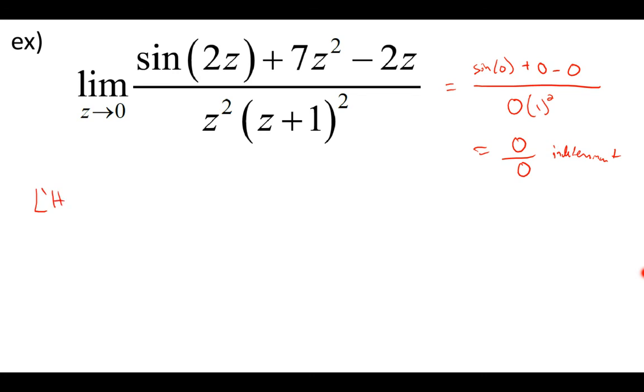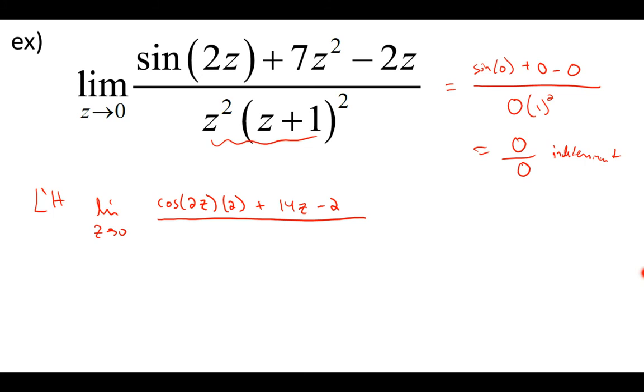So L'Hopital's rule. Limit as z goes to 0. The derivative of sine is cosine. So the cosine of 2z times the derivative of 2z, which is 2, plus 7z squared, that would be 14z, minus 2, over. Now, the bottom's a little complicated because this is a product rule here. Take the derivative of that. So we do 2z times the original second one, plus z squared.